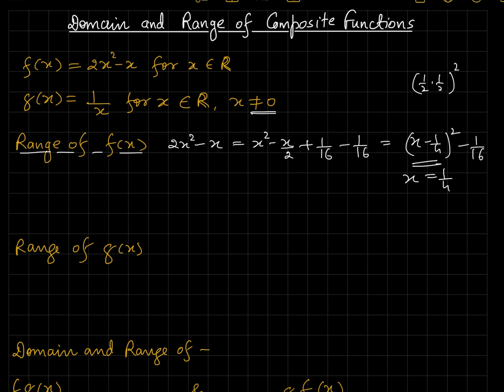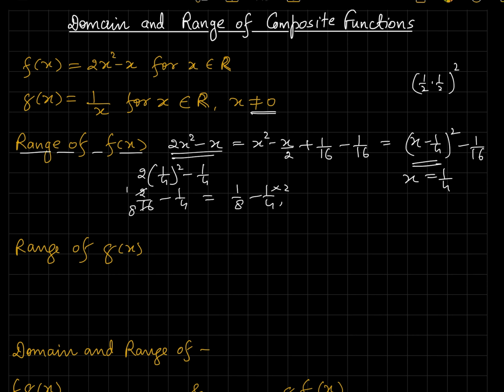Now we have to find the range of f(x). If I put x equal to 1 by 4, the value I get would be my range's lower bound, and f(x) will take all the values greater than that. So it means 2 times 1 by 4 whole squared minus 1 by 4. That gives 2 over 16 minus 1 by 4, which is 1 by 8 minus 1 by 4.